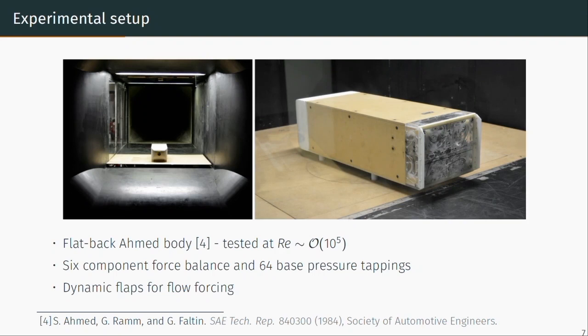These white surfaces are parallel with the sides of the car body, and they are driven internally by motors, which allow us to either operate them with a static offset, to give a static lateral force, or oscillate them up to the relevant frequencies that we require to control the features within the wake.